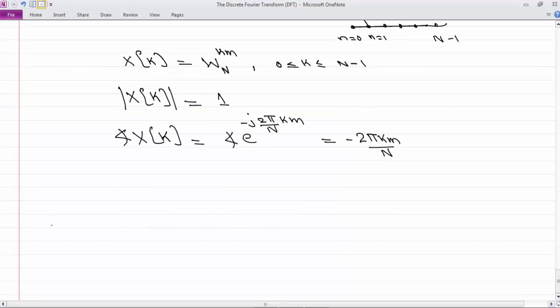Let's take a look at another example. This is example 5.2 in your text.